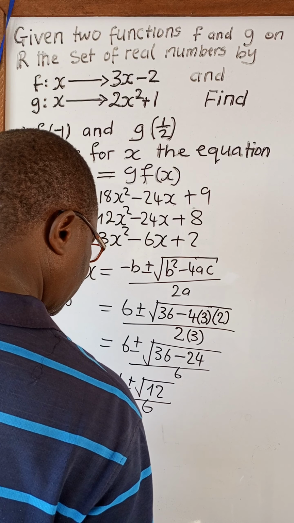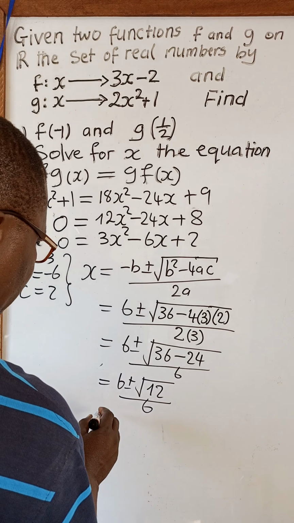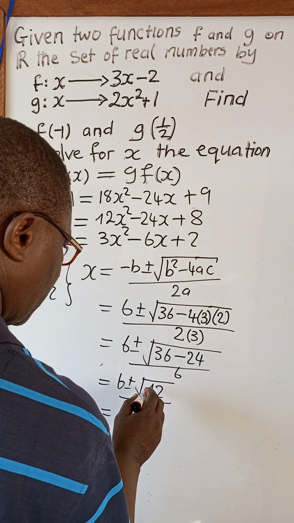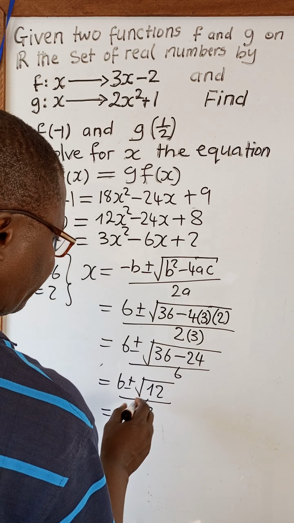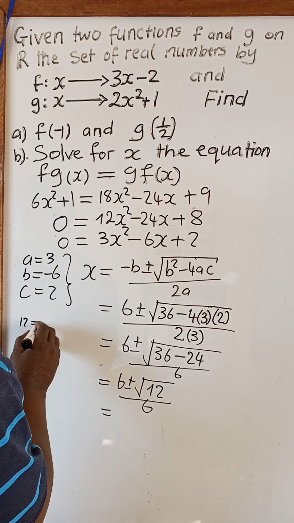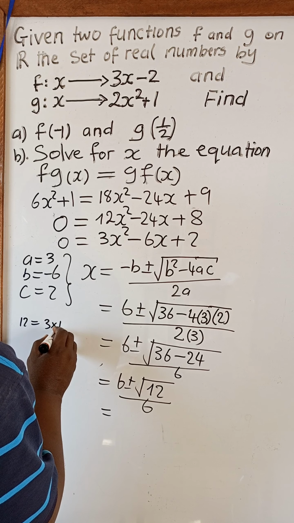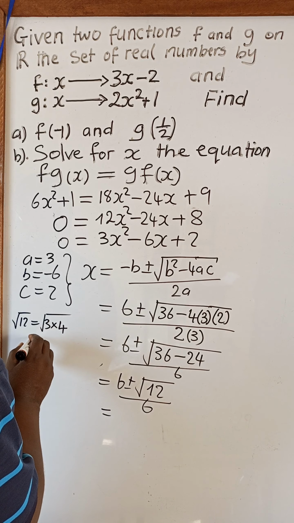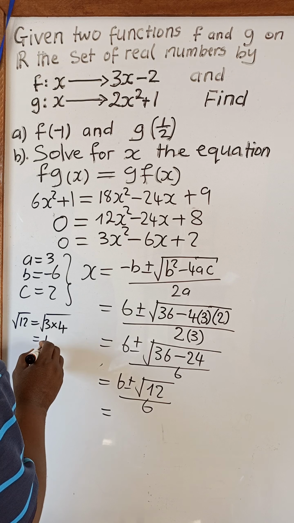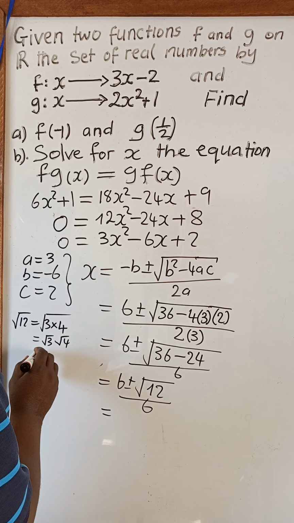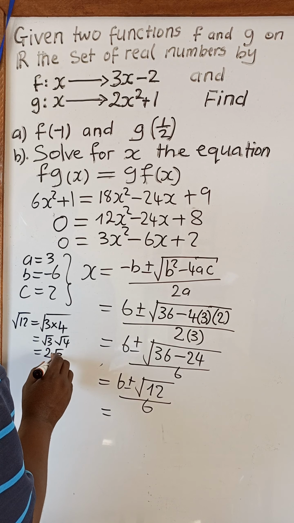All over 6. Alright, and so we'll have that x is equal to root 12. 12 is the same as 3 times 4, and so root 12 will be root 3 times 4, and this will be root 3 times root 4. Root 4 is 2, and so this will give us 2 root 3.